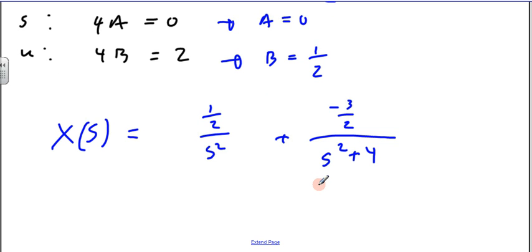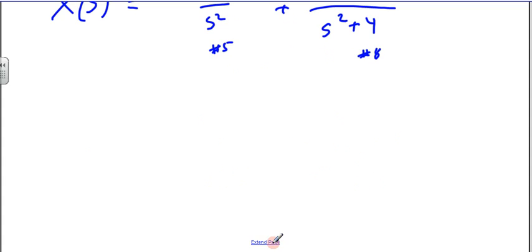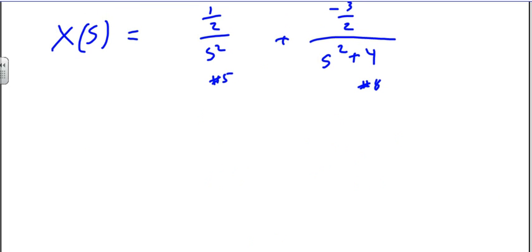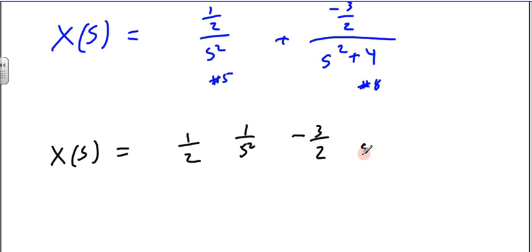You look at those guys and we say, this guy here looks like probably number 8, and this guy looks like number 5. Okay, we'll rearrange stuff so it looks a little better. X of s is 1/2 times 1 over s squared, minus 3 over 2 times 1 over s squared plus 4.